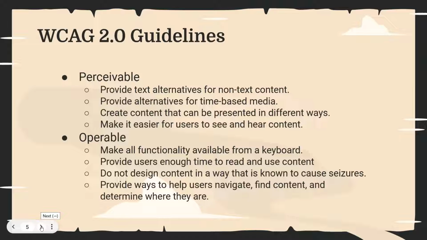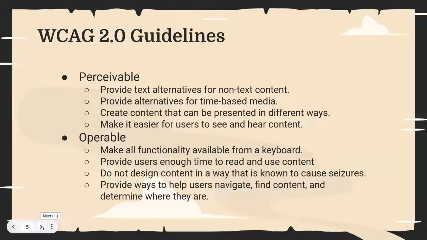Creating content that can be presented in different ways. Like I just said, having a transcript, having a video, having alternative text for images, and having very clear descriptions of those images, providing hyperlinks that are actually a link and not just an HTTPS.